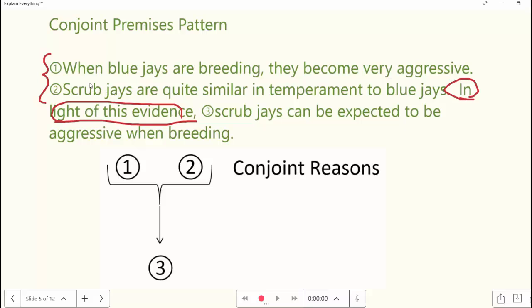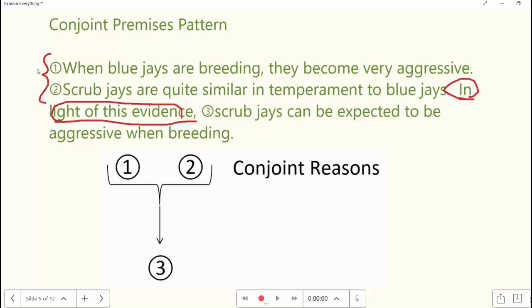We're told that, let's take this backwards. We're told that scrub jays and blue jays are very similar in temperament. So that tells us, however blue jays turn out, then we can expect scrub jays to turn out that way too, in terms of temperament.